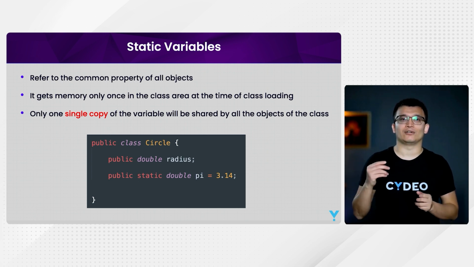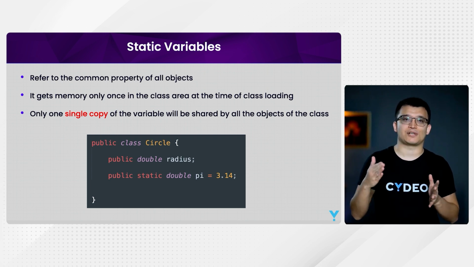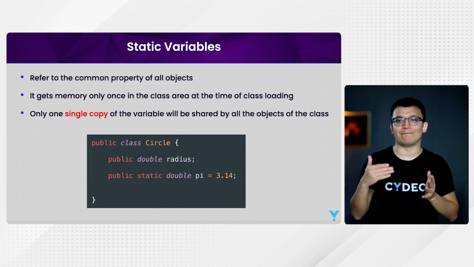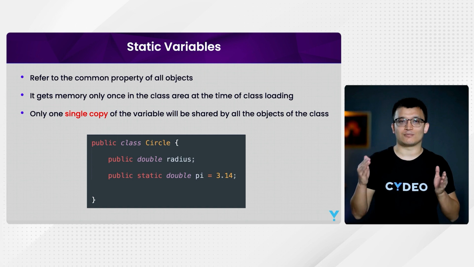So regardless of which object you call the static variable from, once you change it, it affects the value for all the objects. All the objects will see the effect of the change at the same time.